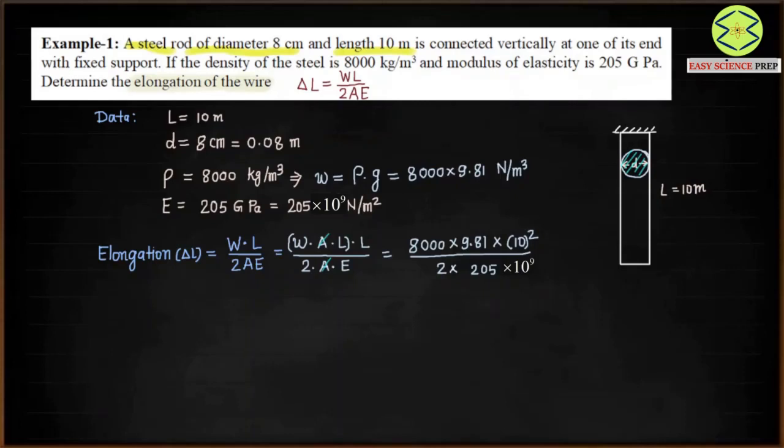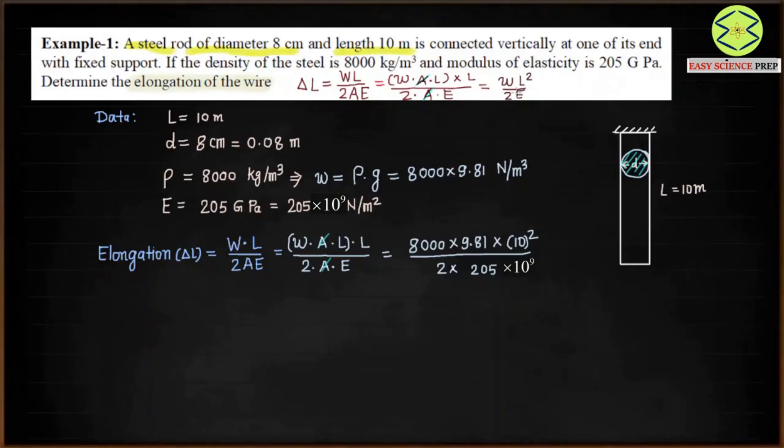So if you write the same expression here for the deformation in the length, and simplify WL by 2AE, the remaining expression would have only weight density times length square divided by 2E. So we can conclude from here that the elongation in the bar is mainly dependent on the original length. Even though the area of cross section is less, if the length is more, then it undergoes more elongation.